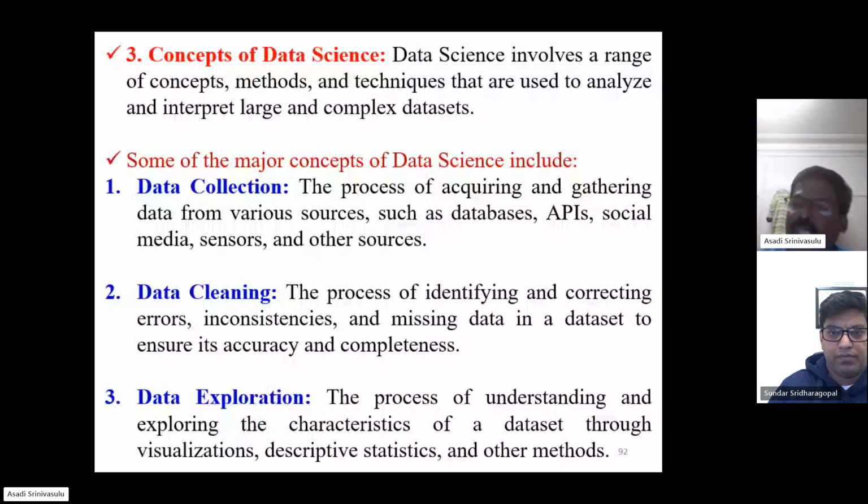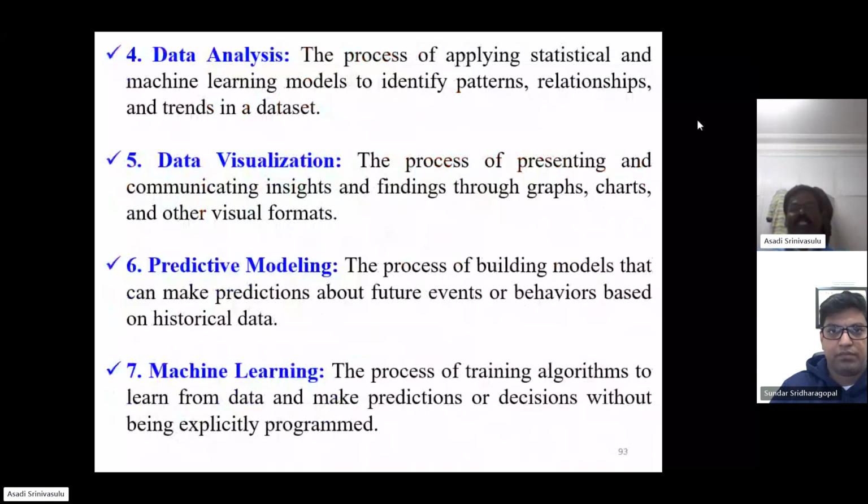That is called pre-processing. Data exploration means we are classifying the data and processing the data with the help of data visualization, descriptive statistics, and other methods. Then data analysis: once you have chosen the model and we have performed the experiments, we are identifying patterns, relationships, and trends in a data set.